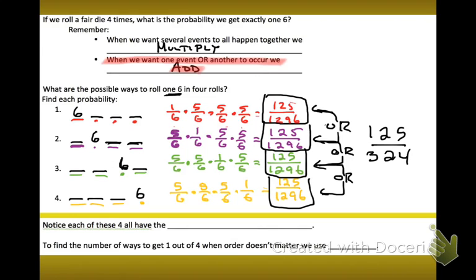Because you would add all the tops, your calculator will reduce it for you, and that ends up being your final answer. So the probability of rolling a 6 exactly one time on 4 dice rolls is 125 out of 324 tries. And as we noticed already, all of those options have the same probability.